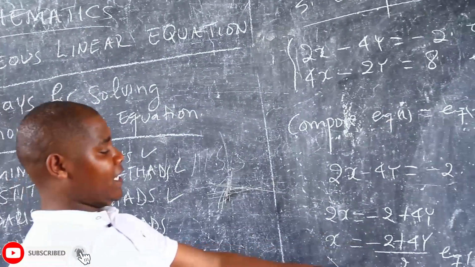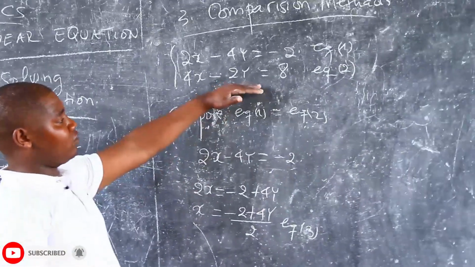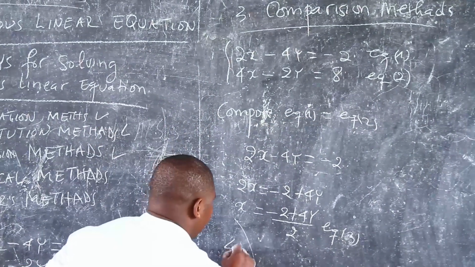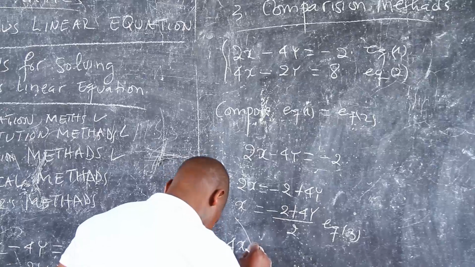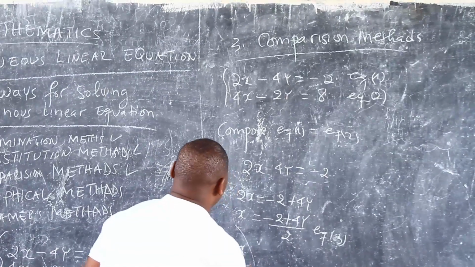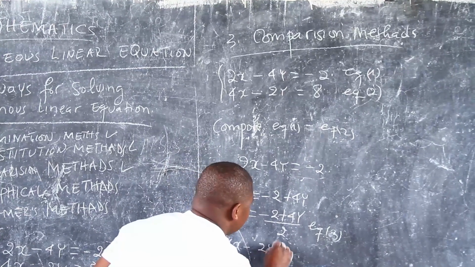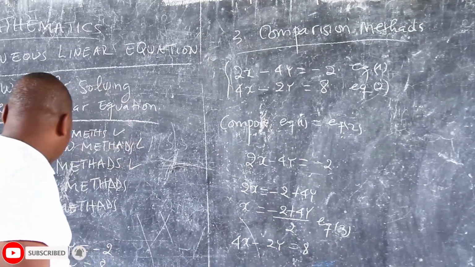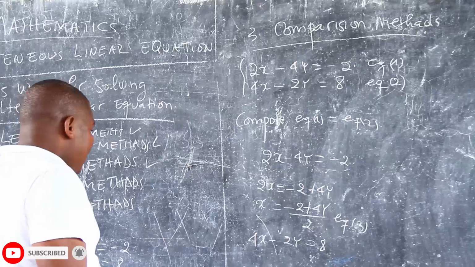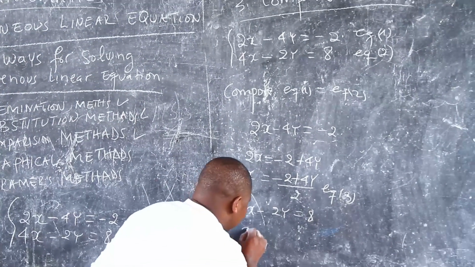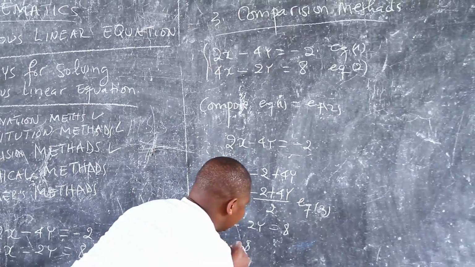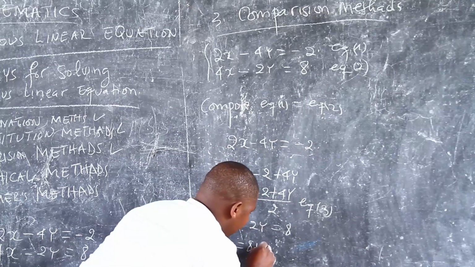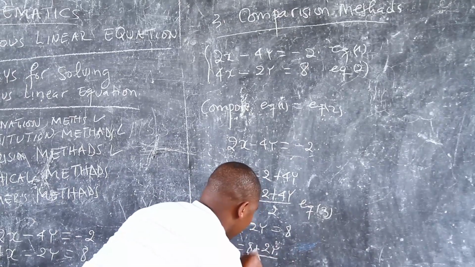Now, after finding equation number 3, we're going to find equation number 4 from equation 2. If I have 4x minus 2y equal to 8, what can I find? x will be equal to 8 plus 2y over 4.